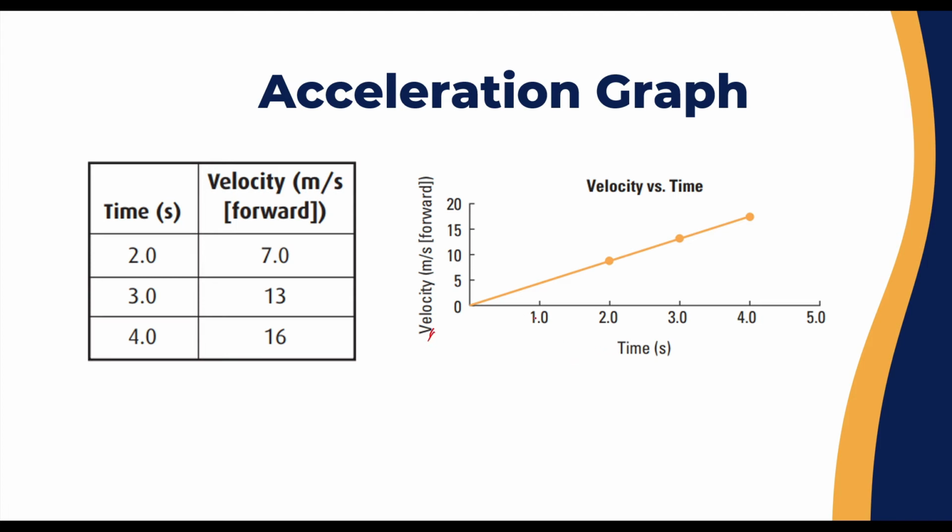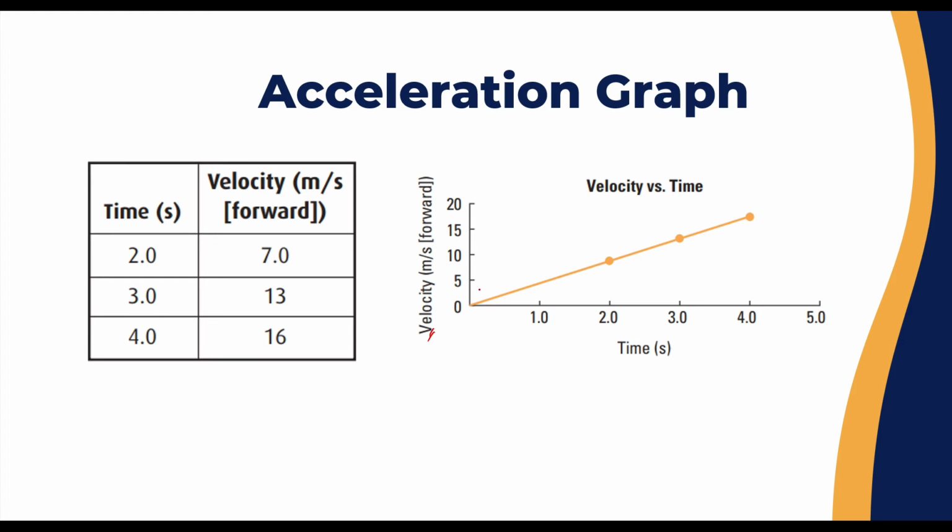We get the points where the time is 2 and velocity is 7, and put it on the graph, whereas the time is 3, velocity is 13, time is 4, velocity is 16. If it's a straight line, then we connect the dots. Sometimes it could be not a straight line, then you represent it as needed. So you just follow the points that you put on the Cartesian plane.